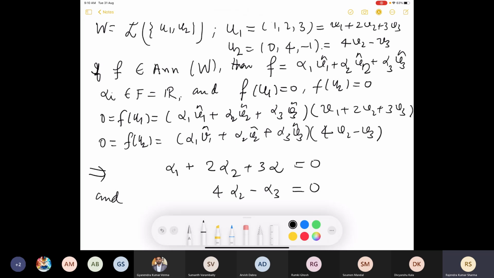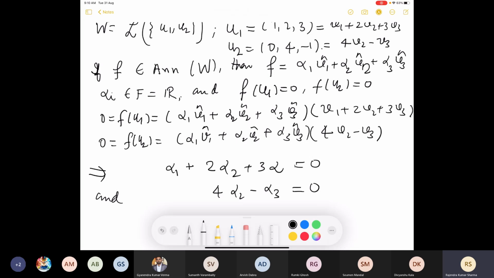And you can see that there is a solution here. I leave it for you to find out. From these equations you can write alpha 3 in terms of alpha 2 and substitute in the other equation.